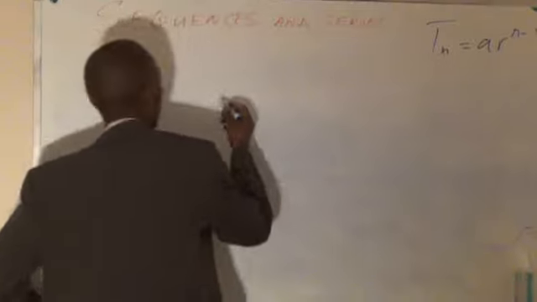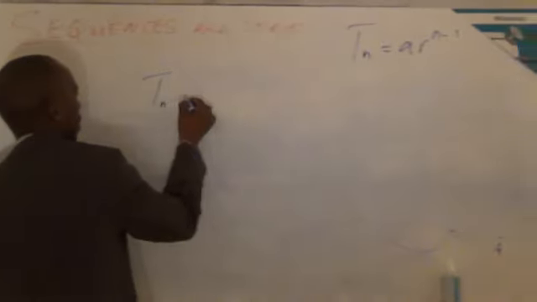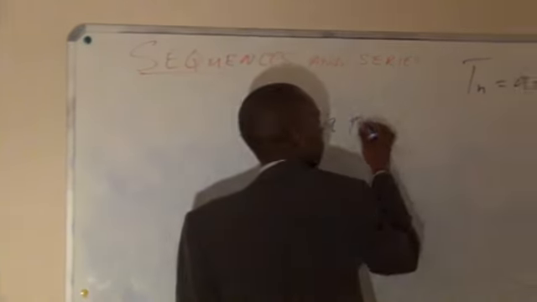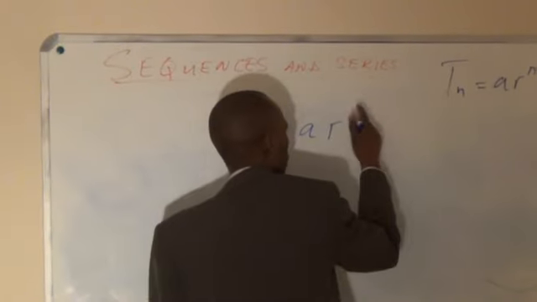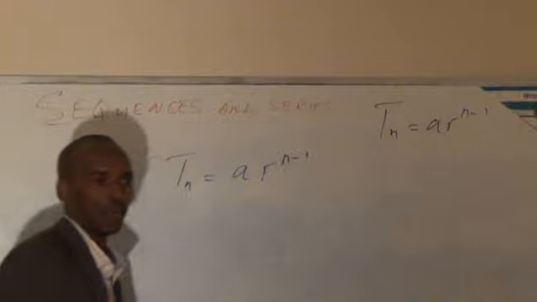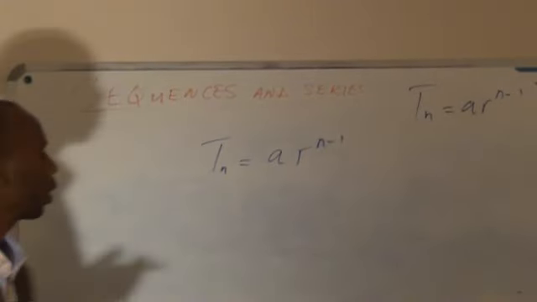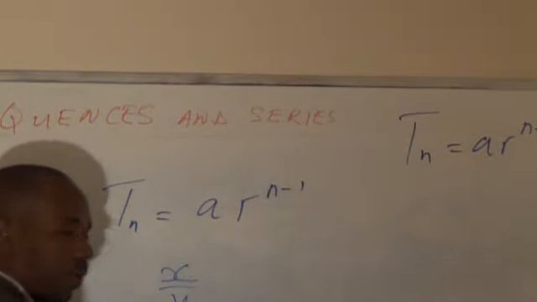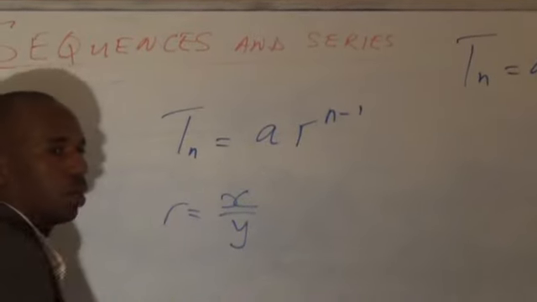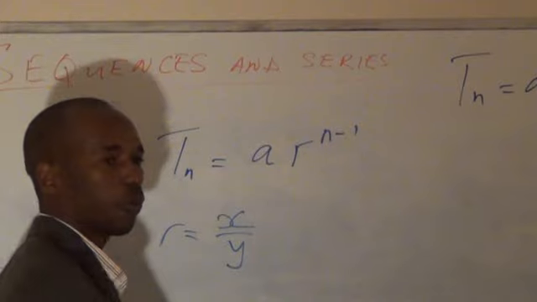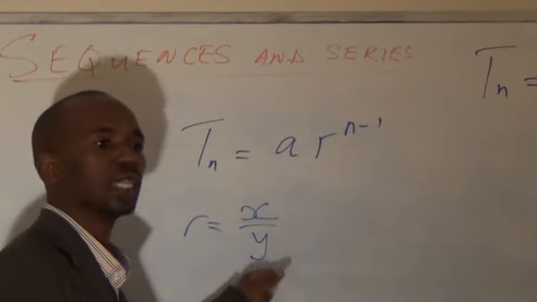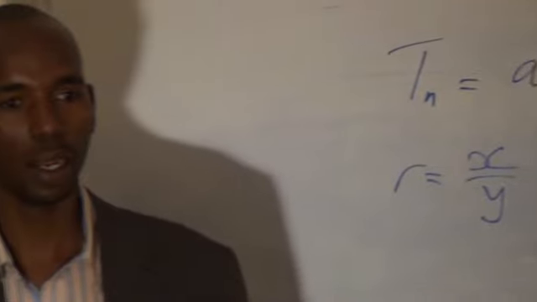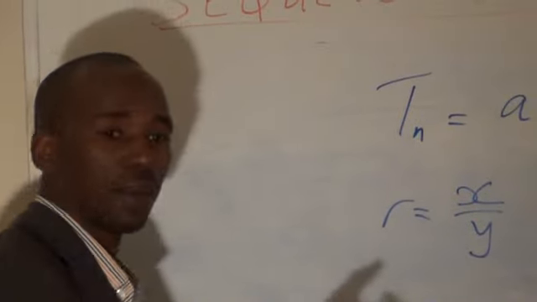We understand that the nth term for a geometric sequence is A, the first term, times the common ratio to the power n minus 1. And we have just said, if you're going to have a simple fraction, x over y, as your common ratio, a simple fraction simply means that the denominator is bigger than the numerator. So it's something which is less than 1 and bigger than minus 1.